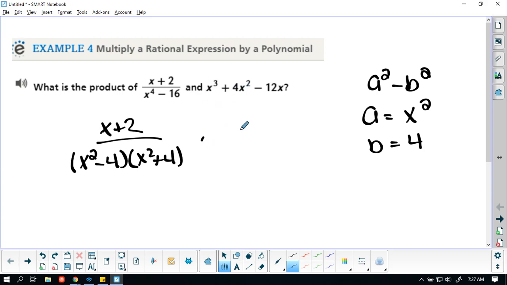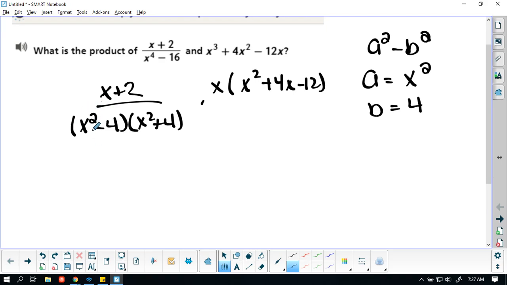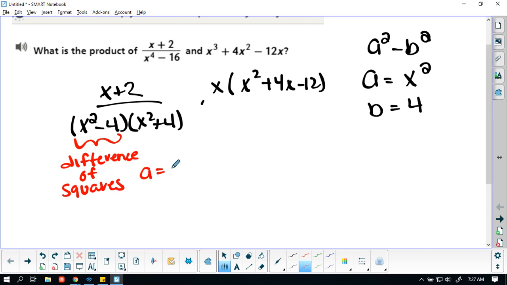And then this one right here, we're going to factor out an x, and we're left with x squared plus 4x minus 12. I'm going to continue the factoring because I again have another difference of squares right here. So again, my a is going to equal x, my b is going to equal 2.